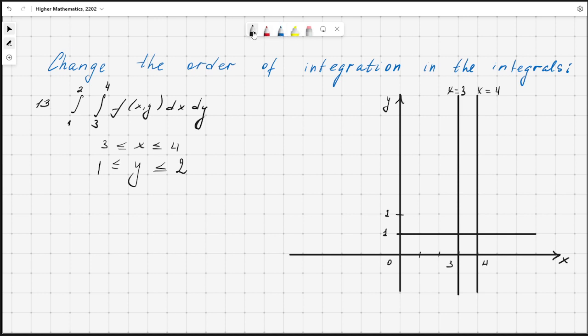It is this line. It means x changes from 3 to 4 between these two lines. Y changes from 1 to 2 between these two lines. And our region of integration is this square.